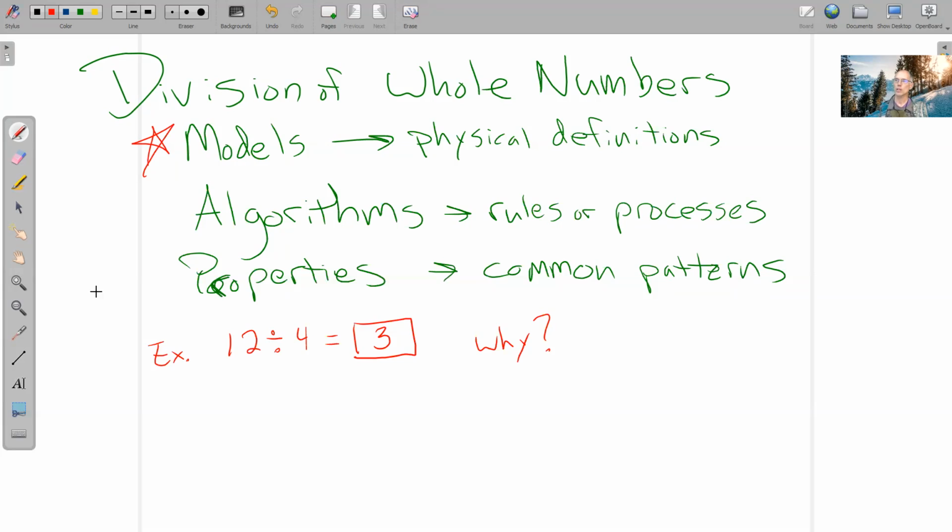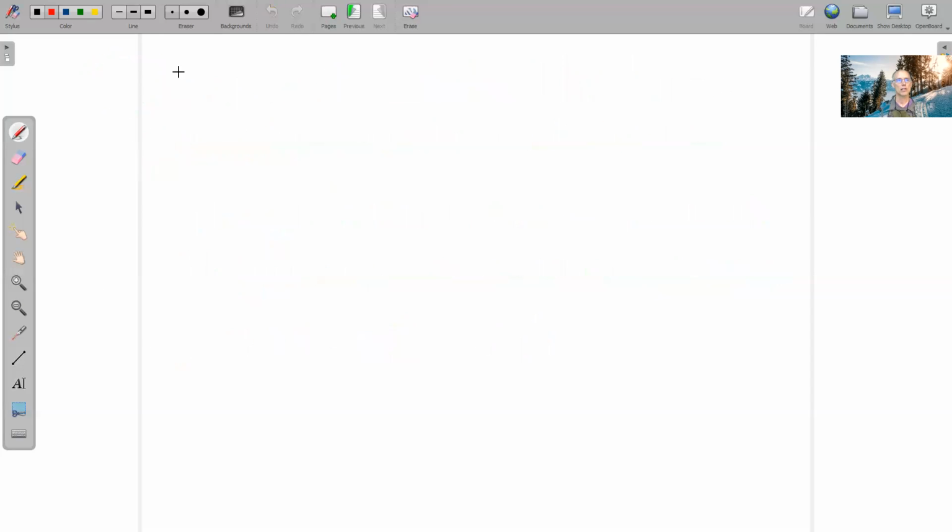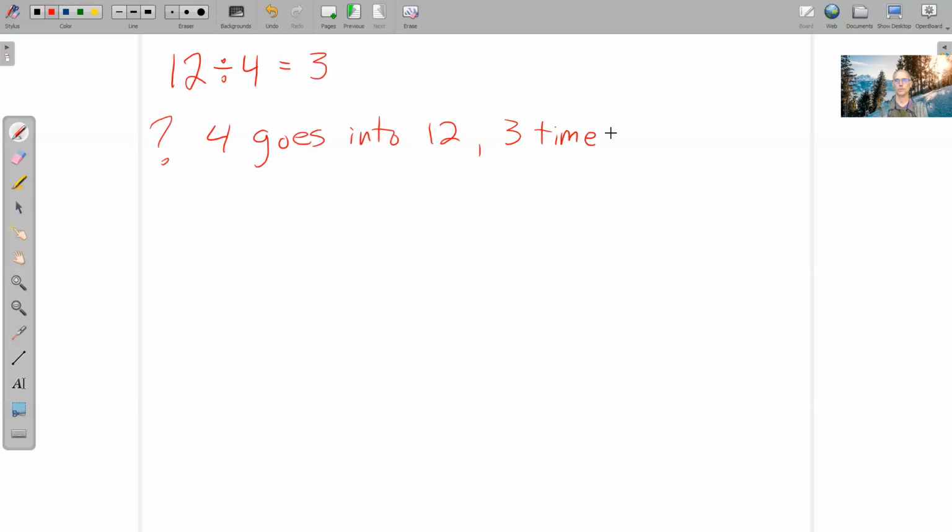All right, so new page. Let's play with these. So again, we're looking at 12 divided by 4 equals 3. And reasons: 4 goes into 12 3 times.